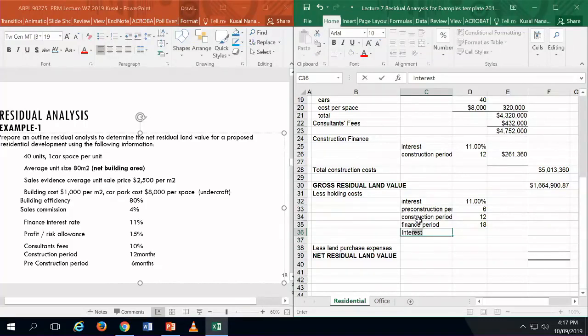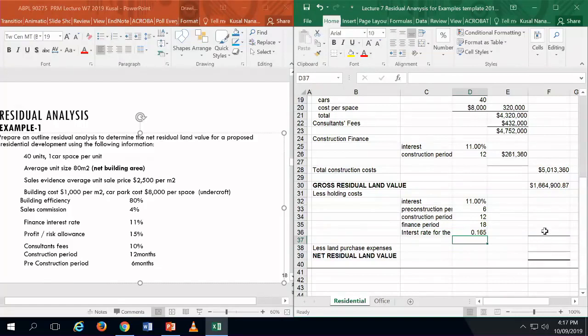It's easy. How much is the interest rate? For the 18 months, the interest rate is 11% per annum, divided by 12, multiplied by 18, our interest period. This is 16.5%. That's the interest rate for the total period.